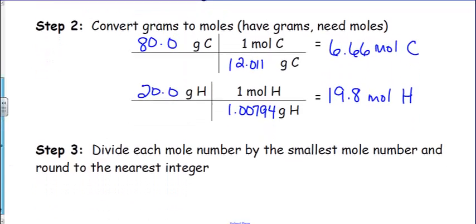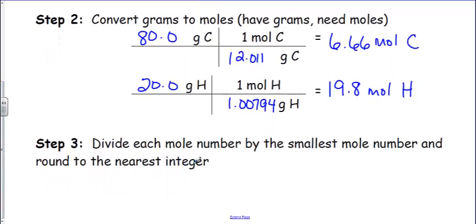Step 3, again, divide each mole number by the smallest mole number and round to the nearest integer. So we'd have 6.66 divided by the smallest number, which is also 6.66. This is for carbon, which is equal to 1. So the subscript on carbon is going to be 1.